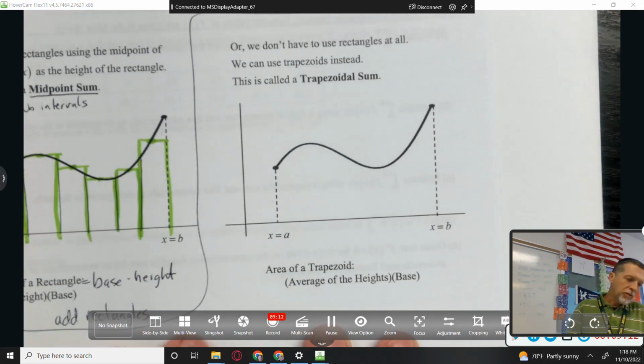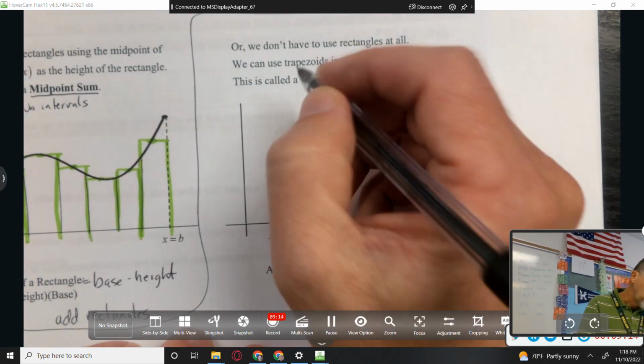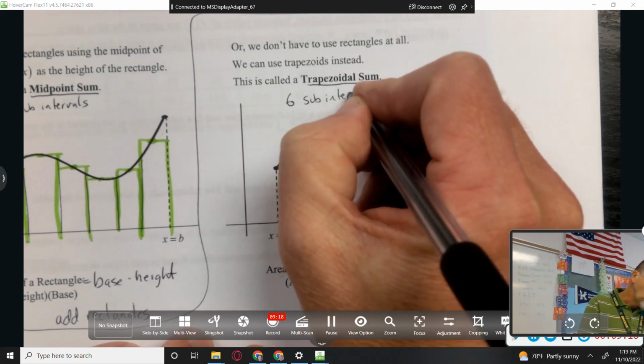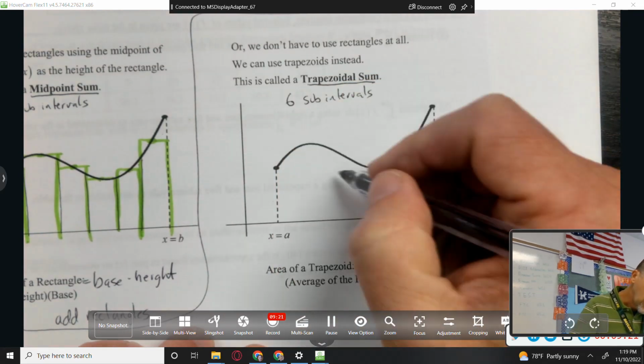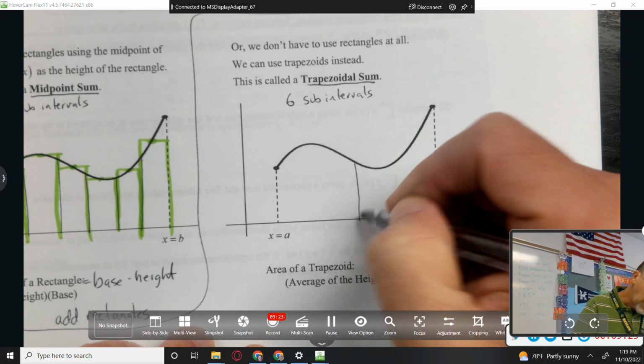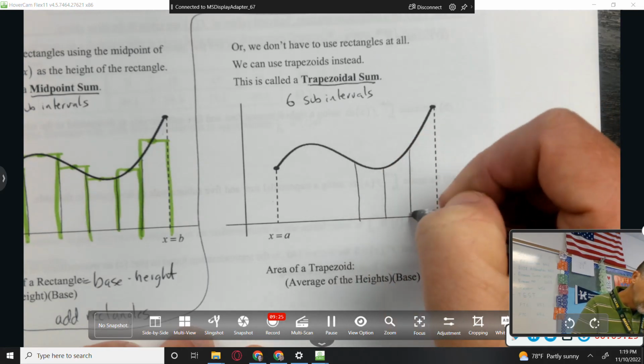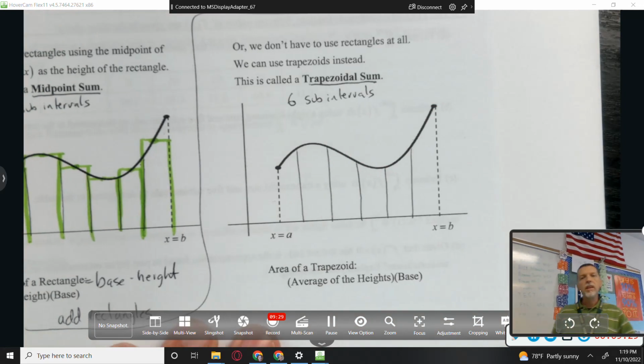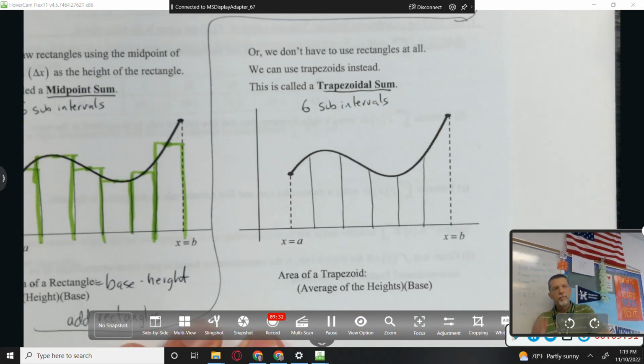The last option is to do a trapezoidal sum. Again, let's use 6 subintervals, just so our pictures will all look the same. So cut it in half and then cut it in thirds to get the 6 intervals.